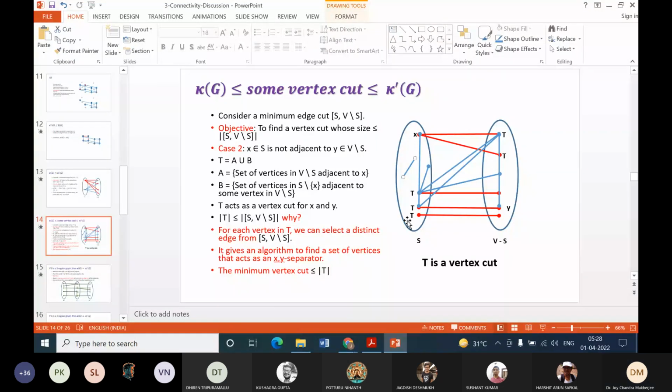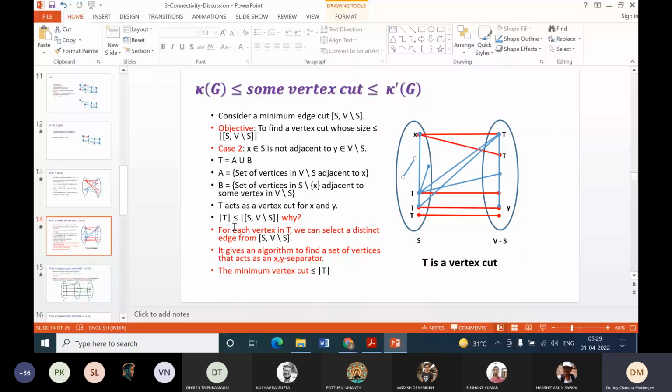Now what happened? Now this T acts as a vertex cut for X and Y, right? Because if you want to separate X and Y, this T is basically A union B. So a set of vertices from here and a set of vertices from here.